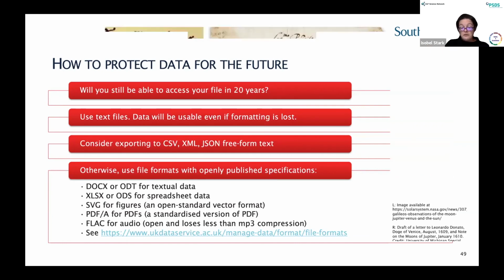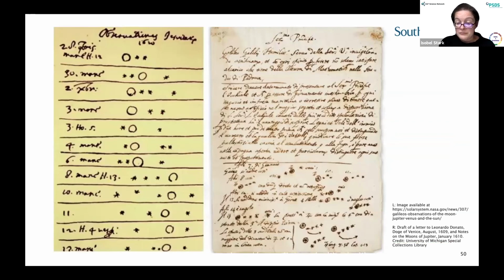Obviously, some formats are very, very long-standing. This is Galileo's notebook, ink on vellum, from the 1620s. And you can see his observations on the left-hand side, the metadata showing when the observations were made.